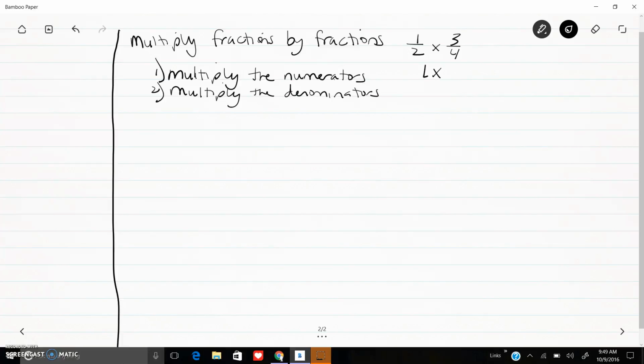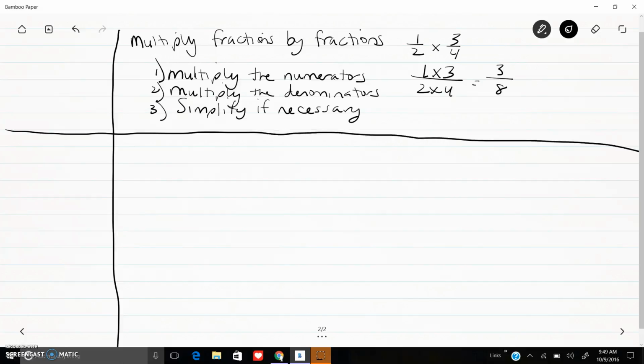So I have 1 times 3 over 2 times 4, which gives me 3/8. And then, like everything we do with fractions, simplify if necessary. And that's that for multiplying fractions by fractions.